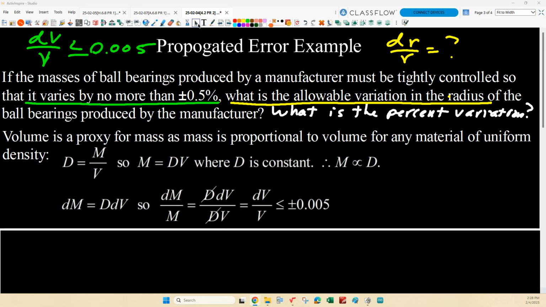So if I just stack those, dm divided by m is just density times dV divided by density times V. Well, the densities cancel, right? It's a constant, so they cancel. And so we just proved mathematically that the ratio dm over m is equal to the ratio of dV over V. They have to be, right? We just showed it because they're proportional. Does that make sense?